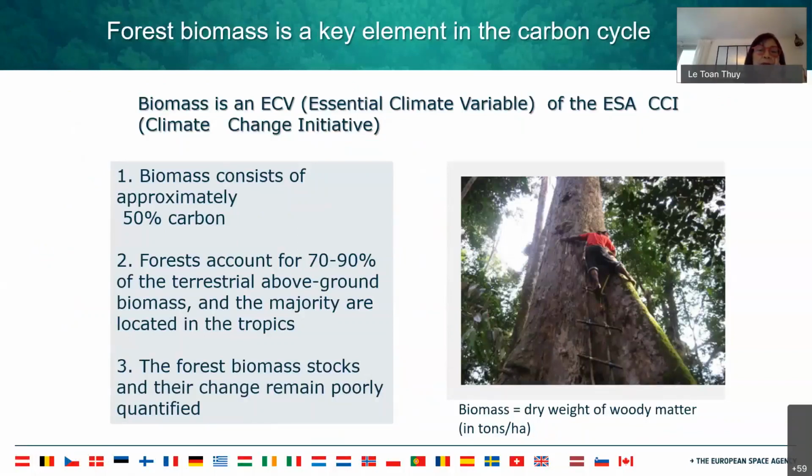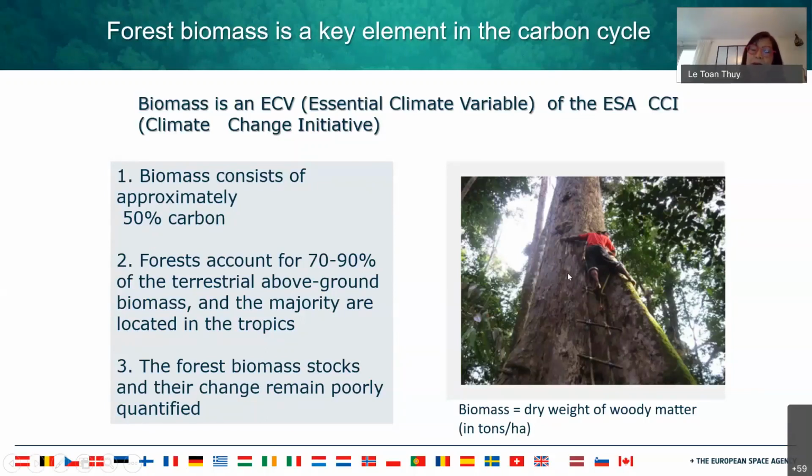Biomass consists of approximately 50% carbon, and forests account for 70-90% of the terrestrial biomass, the majority located in the tropics. And the problem is that the forest biomass stocks and their change remain poorly quantified, despite a lot of effort using existing satellite data.